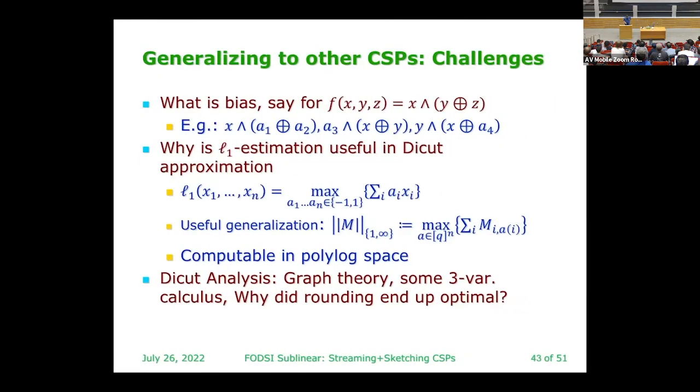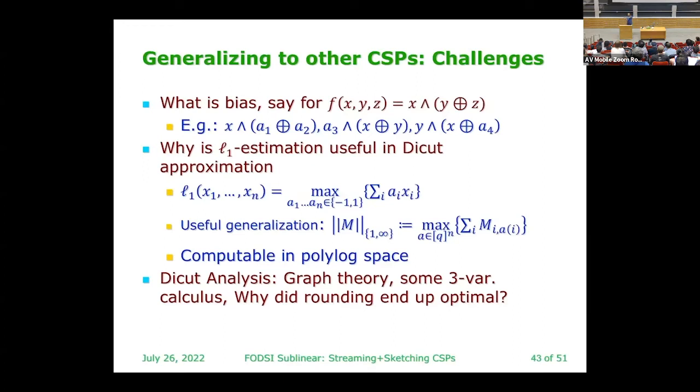And when we tried to extend it to other CSPs, you can see some obvious challenges. So for example, if I have a CSP, again on Boolean variables, with constraints of the form f of x, y, z is satisfied if x and y parity z is 1. So what should the bias be? When you have a cut and this edge is leaving this vertex, it's clear that you want to say this vertex wants to be on the left of the cut.